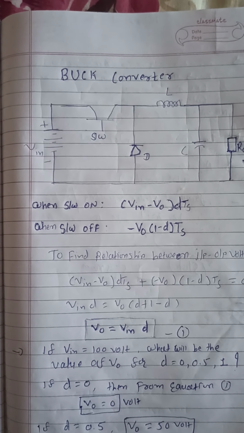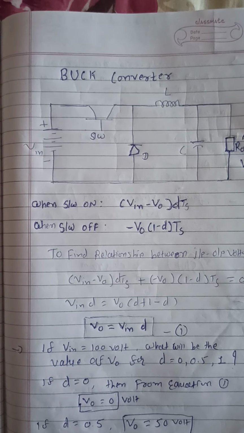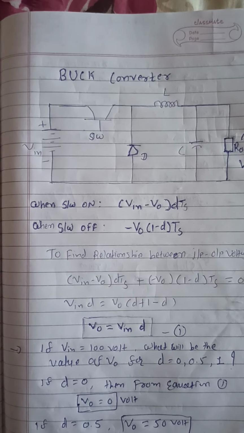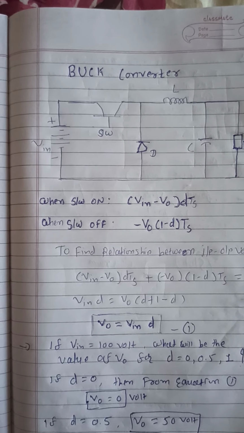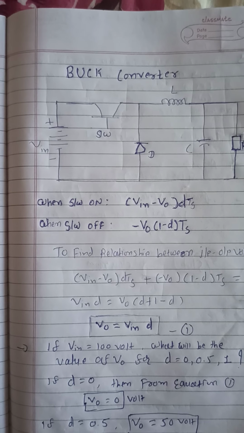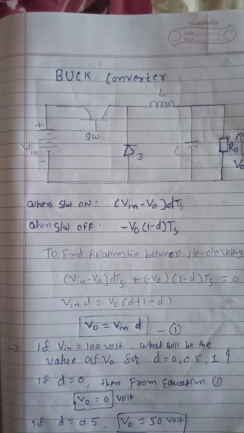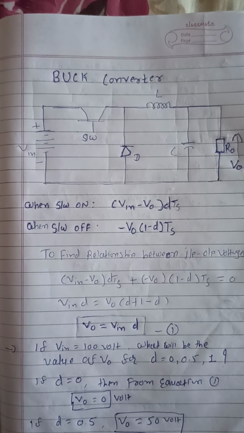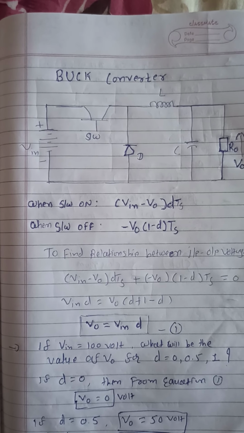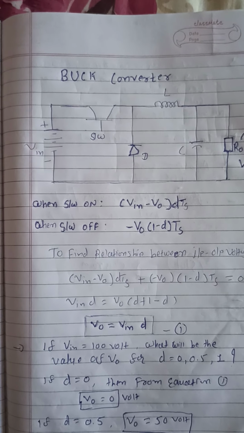The function of the step down converter is to give a lower output voltage than your input voltage.